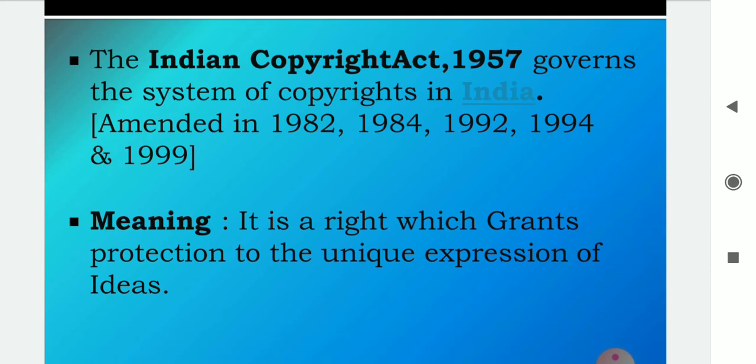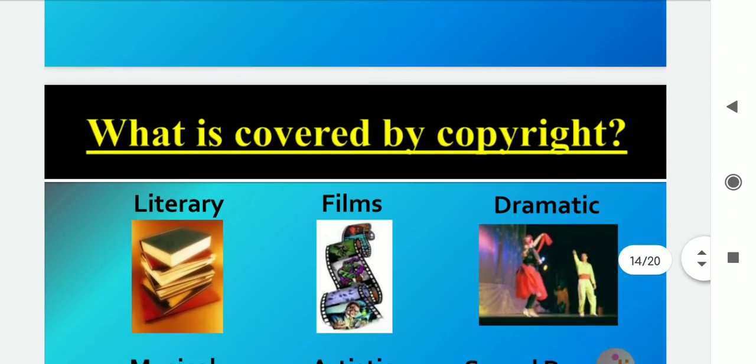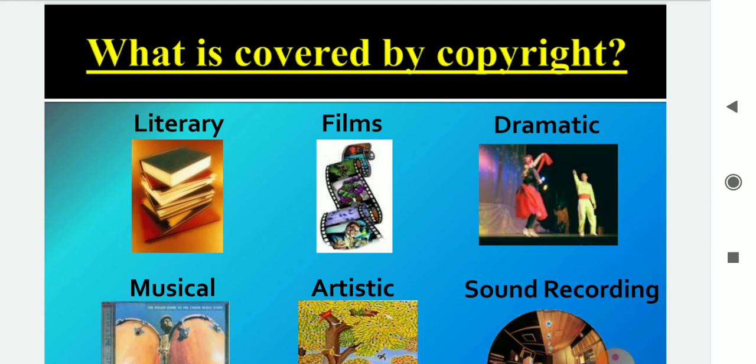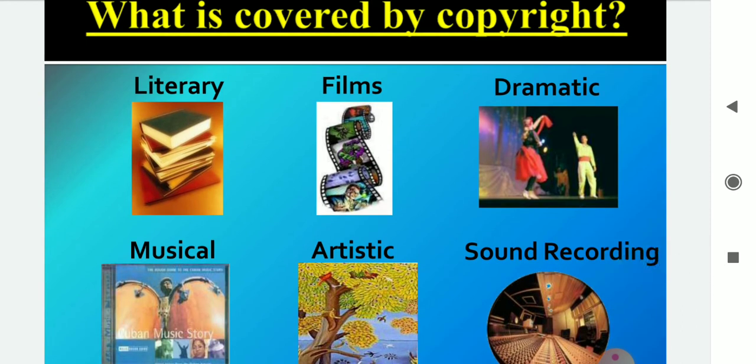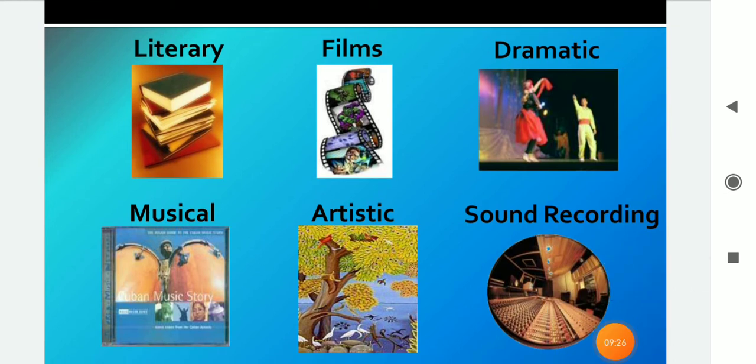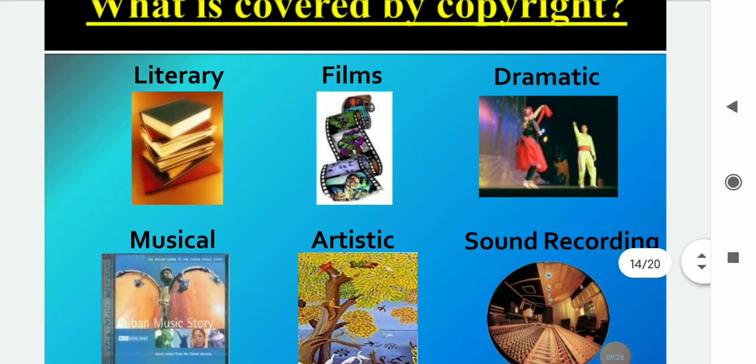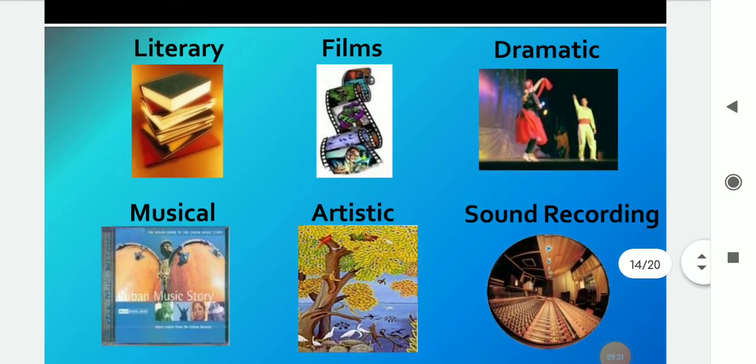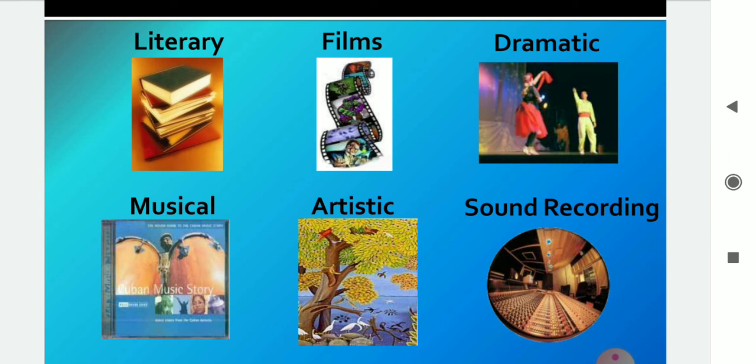The meaning: it is the right which grants protection to the unique expression of an idea, that is the books, novels, etc. What is covered by the copyright: literary, then films, dramatic, musical, artistic work, then sound recording. These are covered by copyright. Near about 6 parameters can be protected under the Copyright Act.